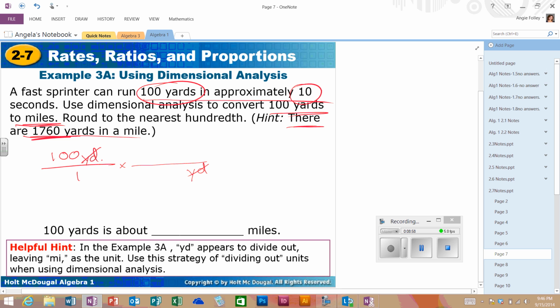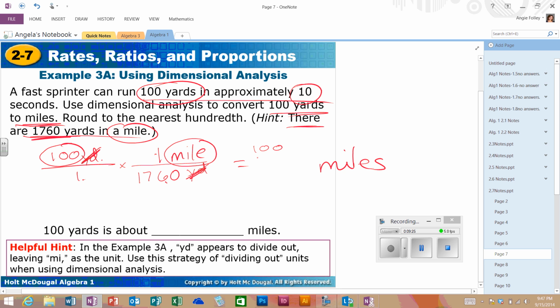All right, well, we know that there's 1,760 yards in 1 mile. So these yards cancel, and I'm left with the units of miles on top. Well, the units are great, but how do we find the answer? Well, you're just taking 100 times 1, and then dividing it by 1 times 1,760.